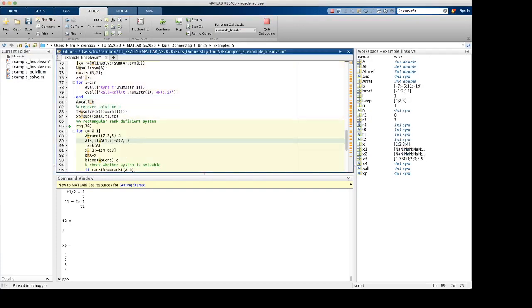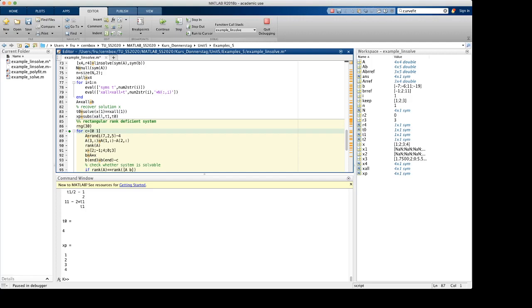Finally, let's have a look at a rectangular rank deficient system. Here I can show you how to determine whether the system has a solution at all. It can of course be that in a rectangular system there is no solution at all, or in a quadratic rank deficient system there can be no solution at all.